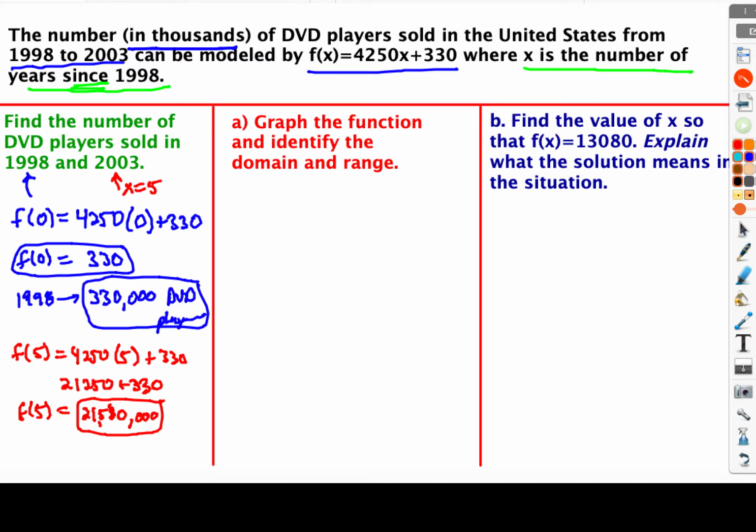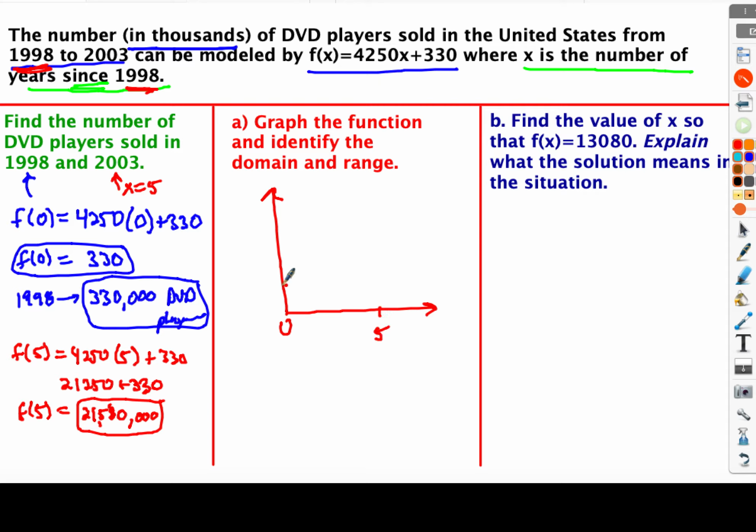Graph the function and identify the domain and range. Well, now these are kind of crazy numbers. So what I'm going to do is kind of think about this and say, wait a minute, I can't really go past into negative numbers. We're starting in 1998, which again was year 0 for us. So I'm going to start in year 0. We're only going to 2003, which is technically year 5.